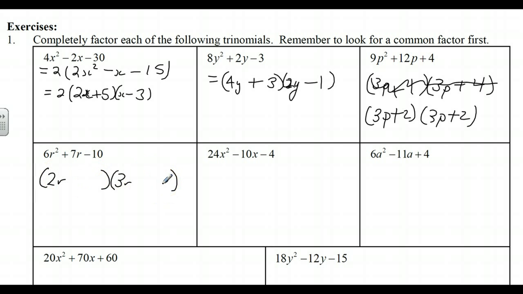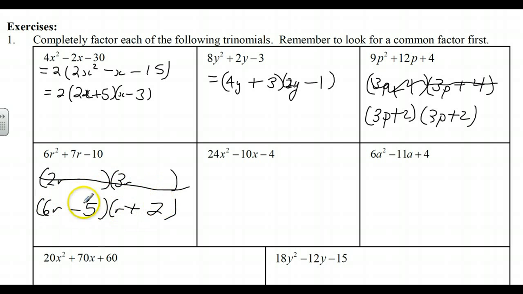So I'm going to go with 6r and r. If I put a 2 here, I'll get a 12, and a 5 here, I'll get a 5. Let's go with plus 12 minus 5. 6r squared plus 12r minus 5r is plus 7r minus 10. Done.